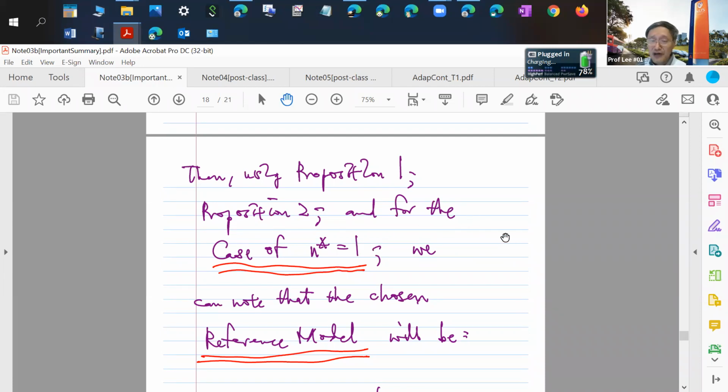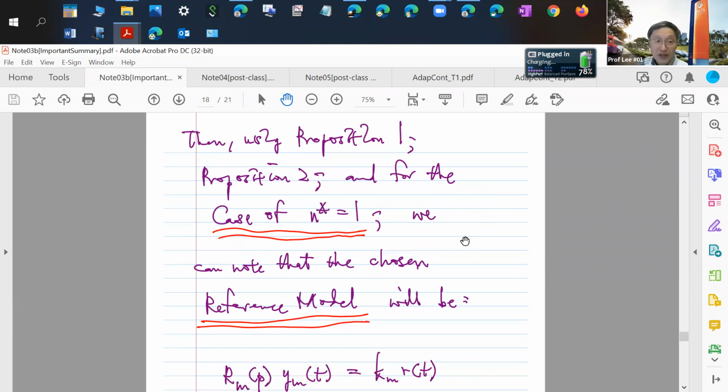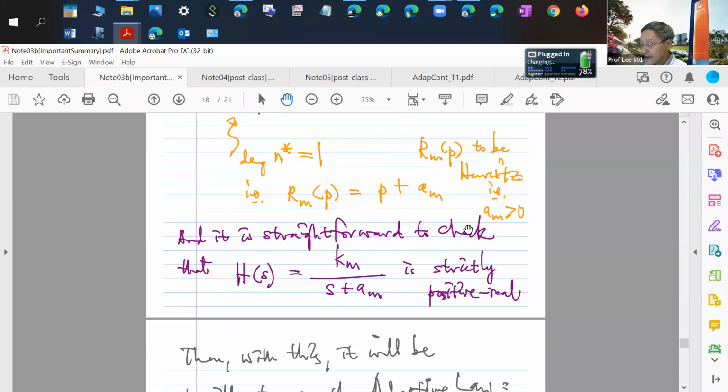All that happens is that you have to do a lot more signal processing now. It just becomes a lot of tedious work. But never mind. To show the principles of adaptation, I want to concentrate on relative degree 1 first, so that you get a chance to see it very clearly in your CA1.